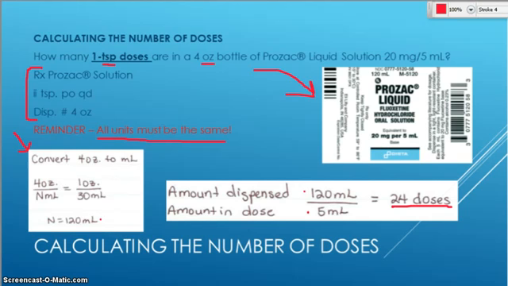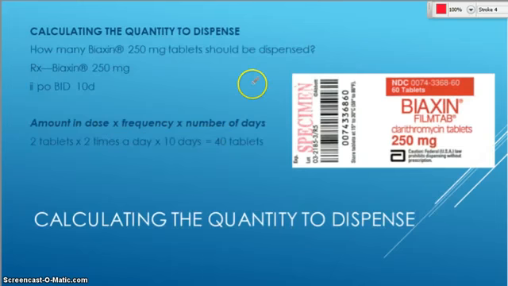Okay, let's take a look at another one. This is one where we're calculating the quantity to dispense. This is Biaxin, 250 milligram tablets, and we want to know how many should be dispensed. The doctor wants the patient to take 2 by mouth BID. BID means twice a day, and we're doing it for 10 days.